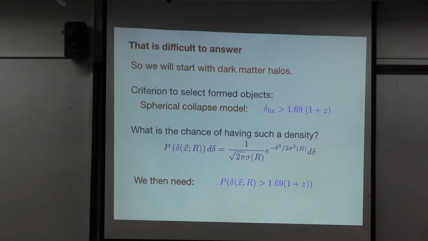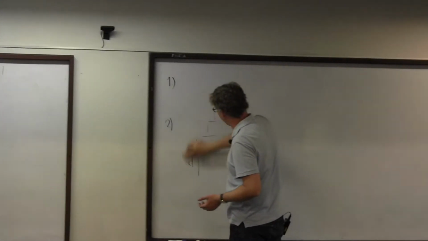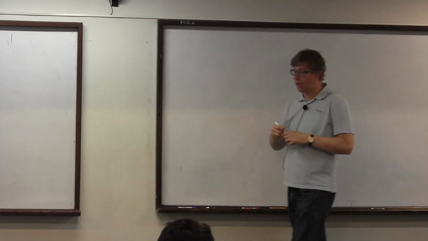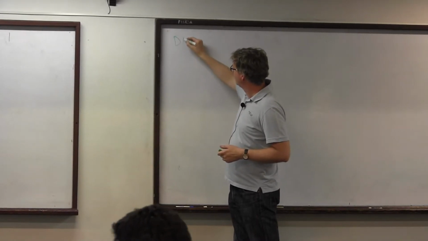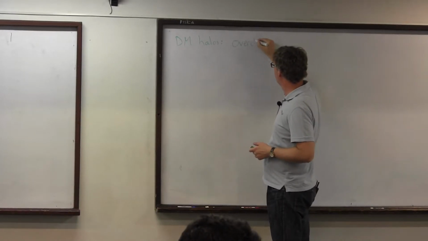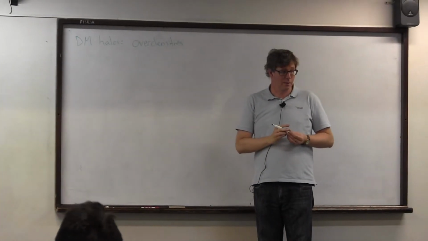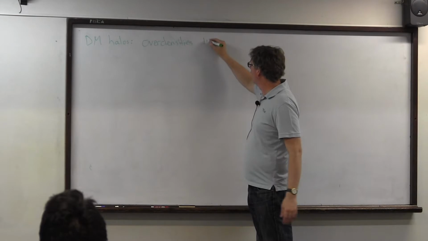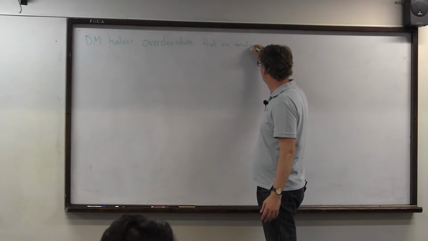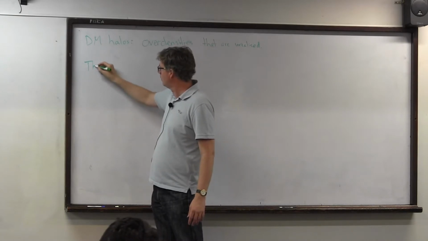So I'm going to define dark matter halos in a useful way, I hope. I'm going to write: DM halos are overdensities that are virialized, and I'm going to define the time they form by this equation here.